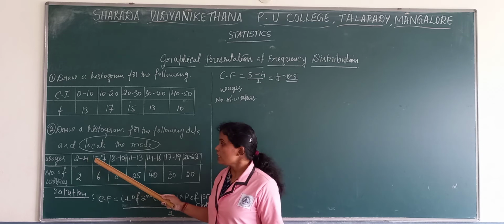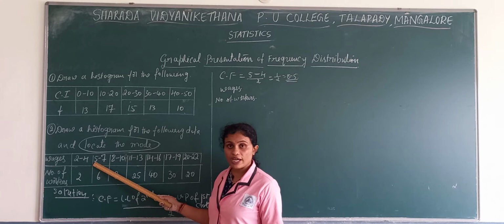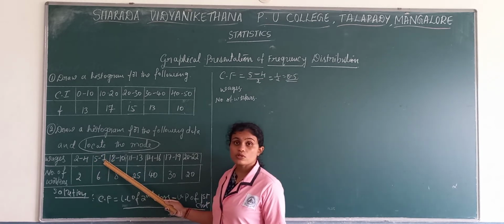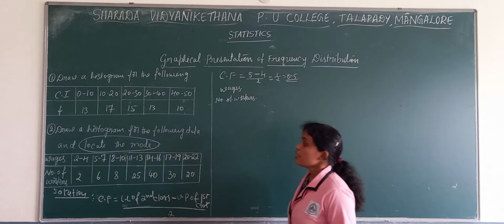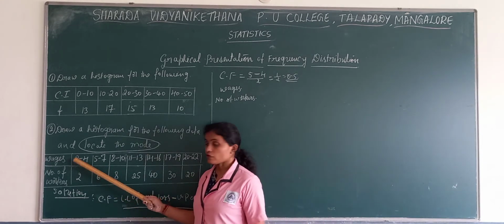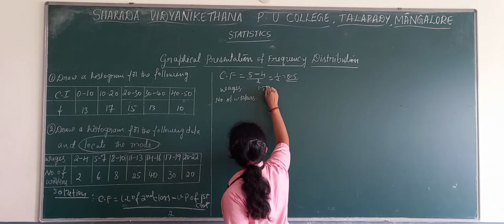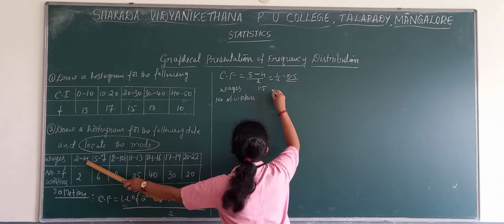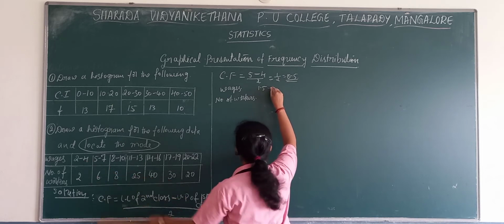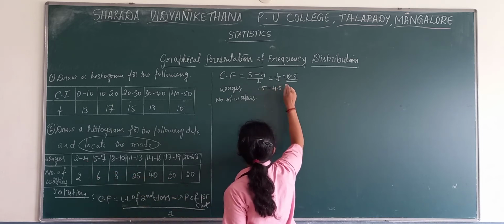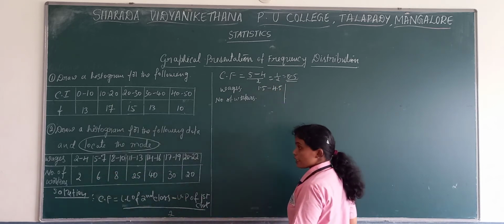Start with the first one. Deduct 0.5 from 2, there will be 1.5, and add 0.5 to 4, that is 4.5. First one.